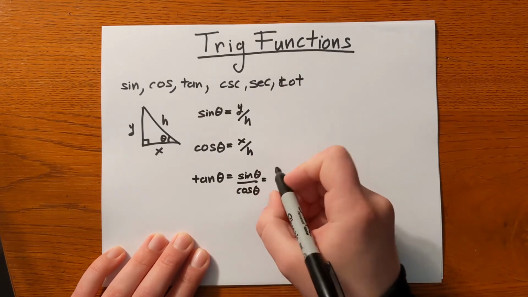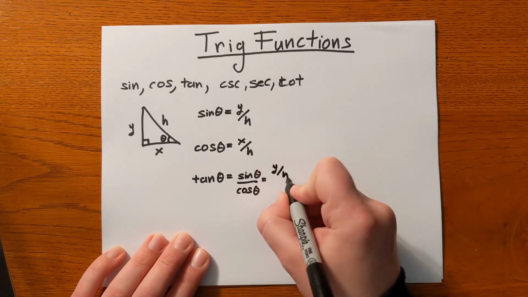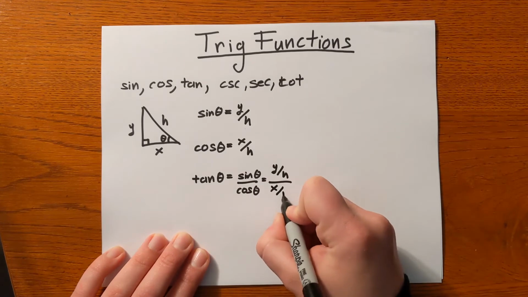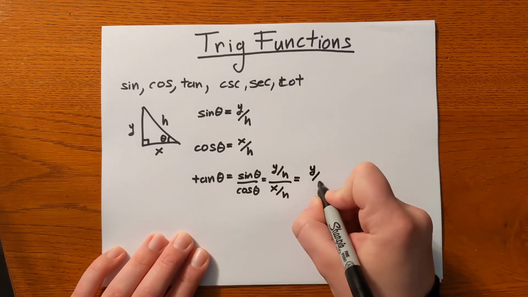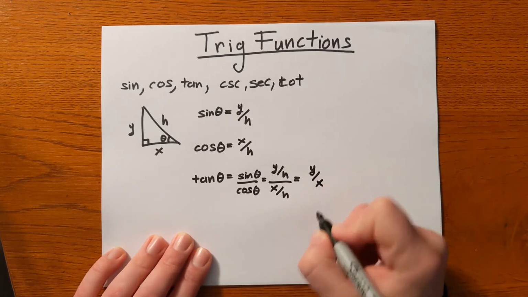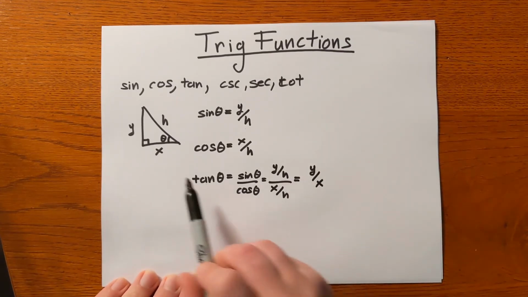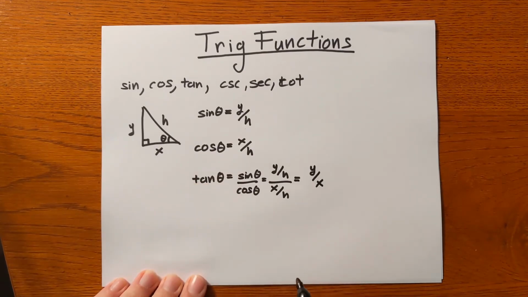But what that reduces to, well, sine is y over h, and cosine is x over h. So that turns into y over x. So tangent is going to be the ratio of the opposite side over the adjacent side.